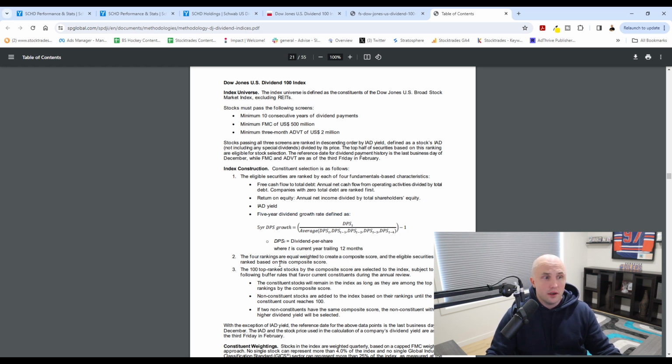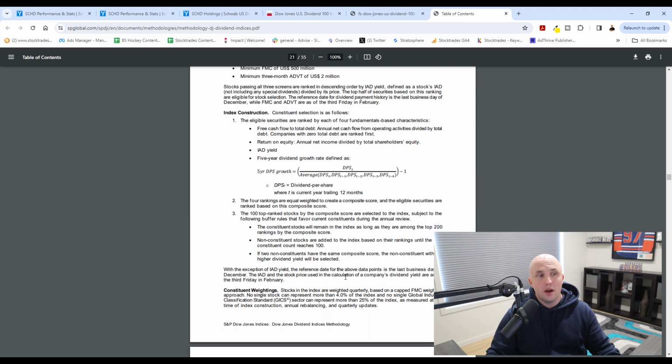So the 100 top-ranked stocks by the composite score are selected to the index, subject to the following buffer rules. So the constituents will remain in the index as long as they are among the top 200 rankings by composite score. So if you get into that top 100 and then you start falling down, they're not going to remove you from the index until you drop out of the top 200.